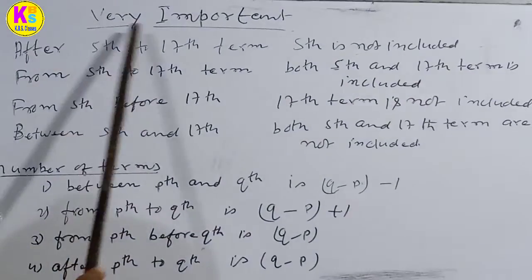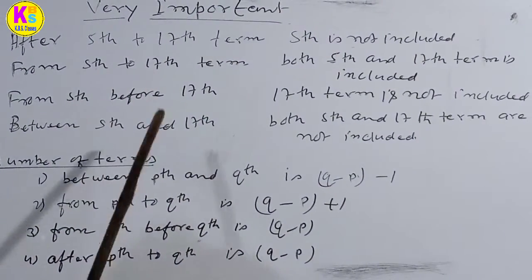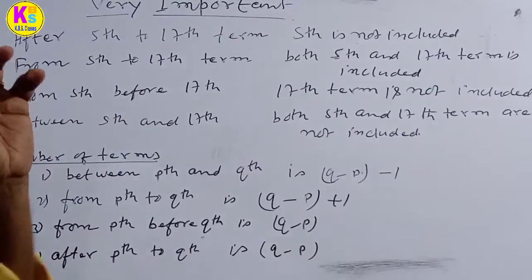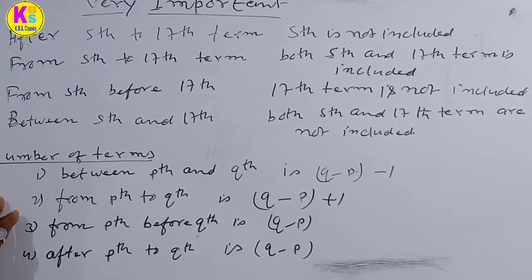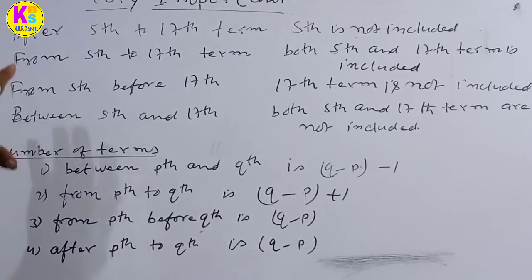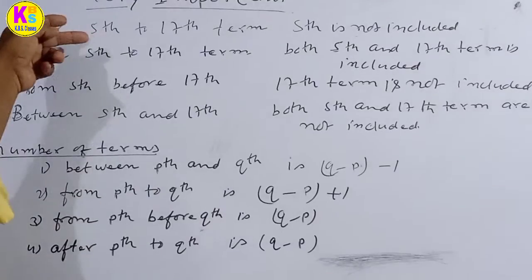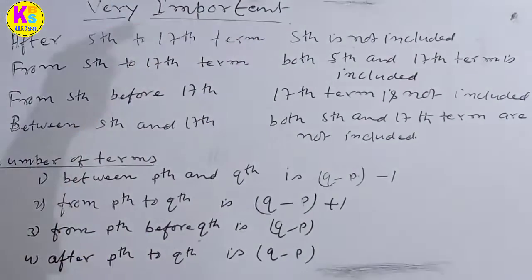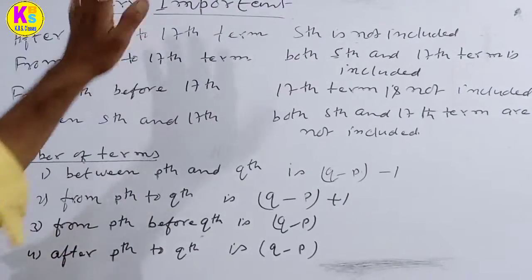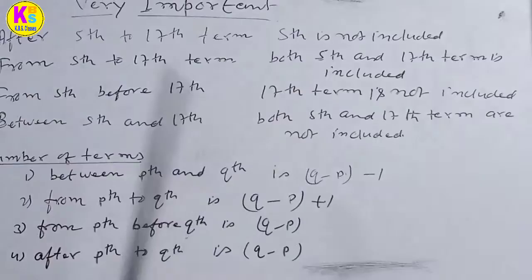This is also very important for you students. Sometimes you get very confused when this type of terms is given or the number of terms is to be found out. Here I have taken the example of the 5th and 17th terms; any example you may take, p and q, or 10 and 20.